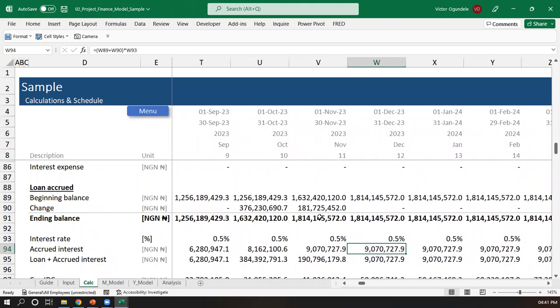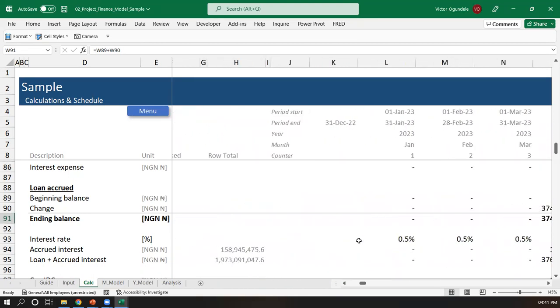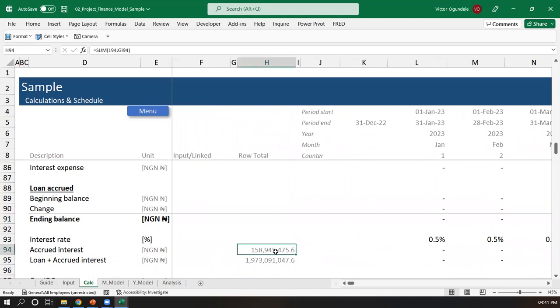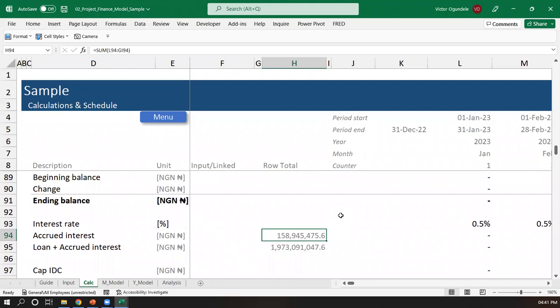Now, this interest will be capitalized, call it interest during construction, and added to the initial principal investment. So, for example, the total amount we've withdrawn is 1.8 billion. From our accrued interest during that period, we are not paying anything, but interest was calculating.